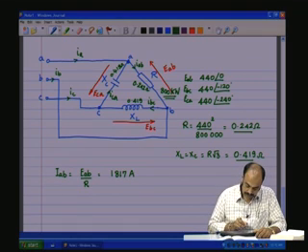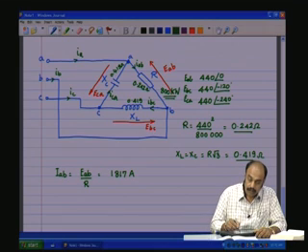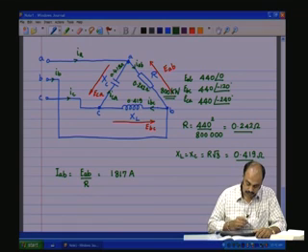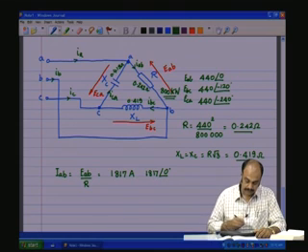So, this is 440 volts at an angle of 0 divided by R, which is 0.242 will give you so much amps, that is 1817 angle 0 degrees is the amps.